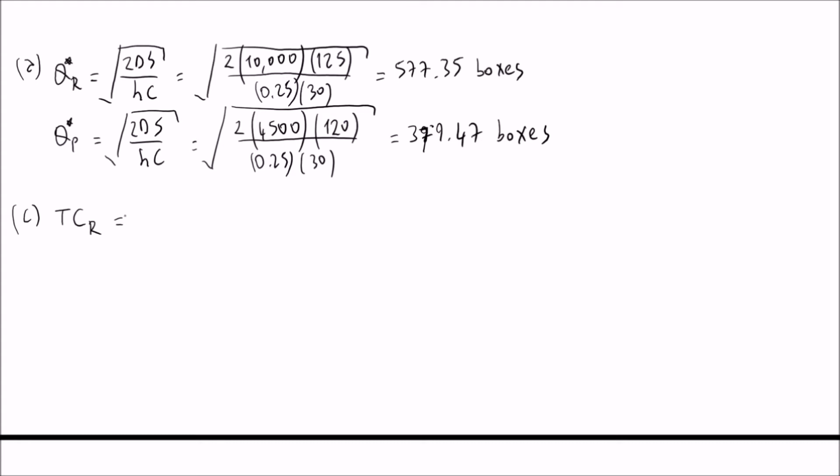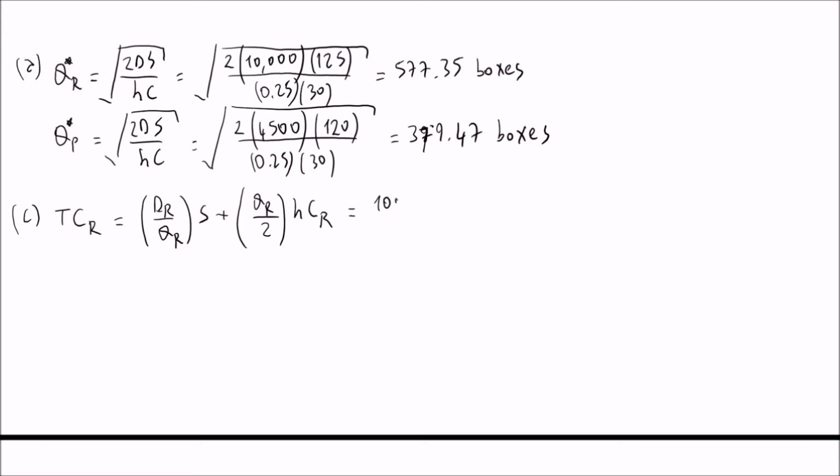So based on the total cost computation, DR divided by QR times S plus QR divided by 2 HCR. So this is our total relevant cost.